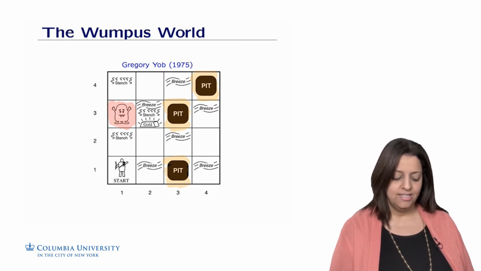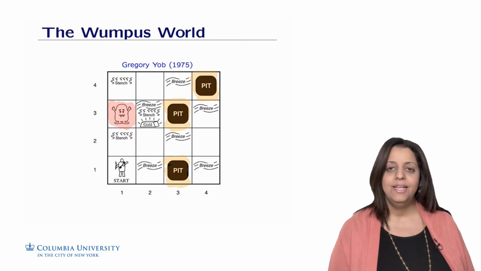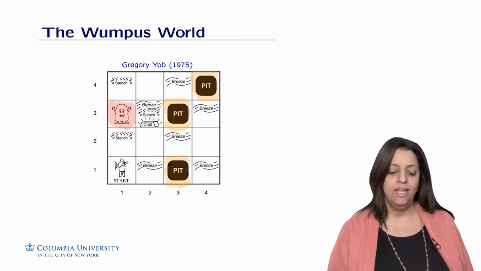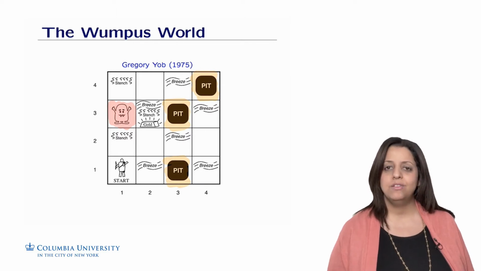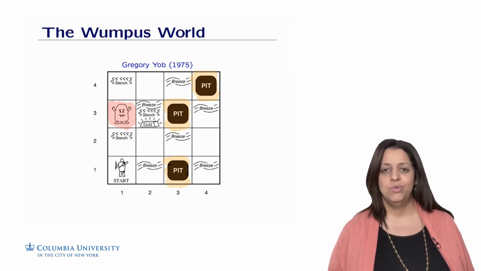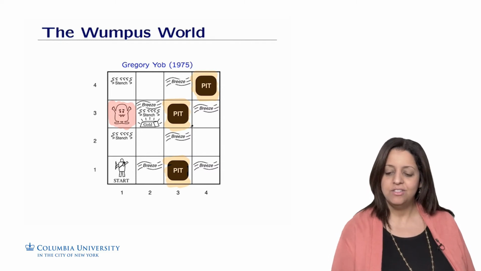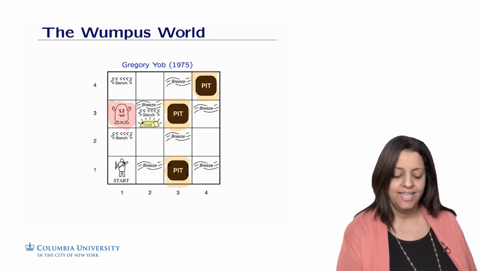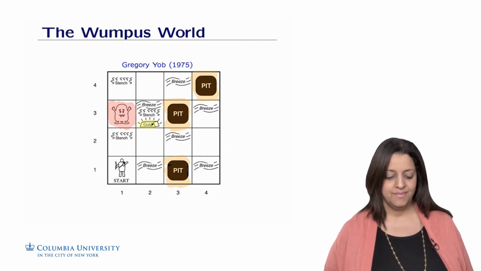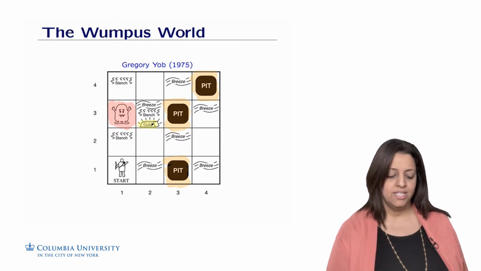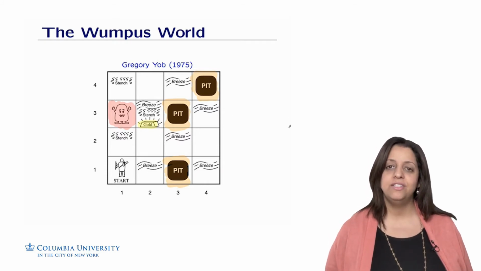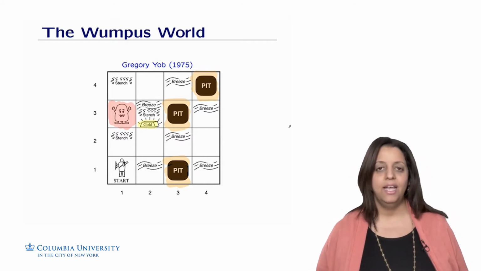So we have an agent that starts at room 1-1, and the mission of the agent is to navigate in this environment or the cave without being eaten or without falling in the pit. There is some reward. It's possible for the agent to discover some gold and get it and get out of the cave.